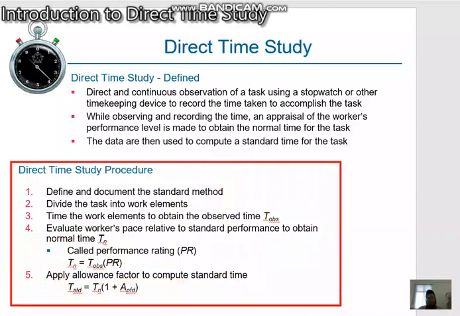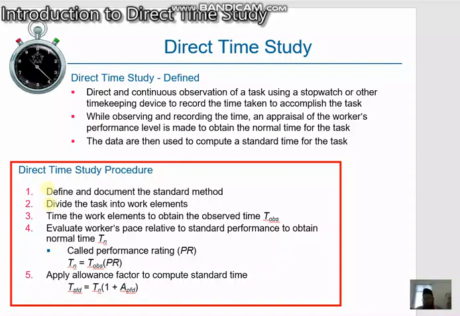There are 5 steps, or 5 procedures, in the direct time study method. The procedure for determining the standard time for a task using direct time study can be summarized in the following 5 steps. First, define and document the standard method. Second, divide the task into work elements.